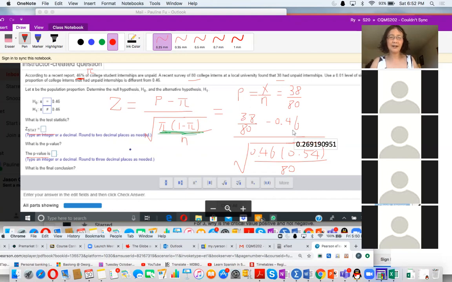Okay, and then you have lower. This test statistic Z value is the lower, okay, you type in 0.2691. Yeah, this is your lower, okay.